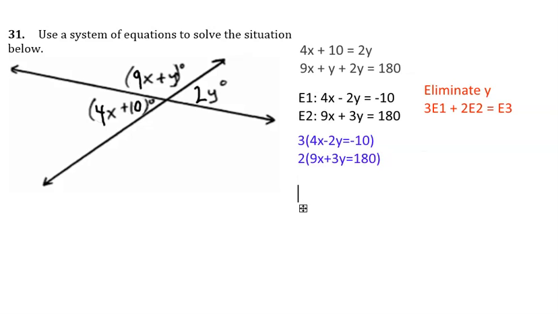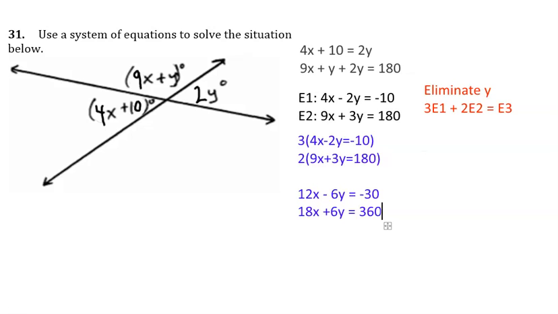So from there, we're going to distribute, multiply every single term by the number on the outside, even the constant on the right side. So we have 12x minus 6y equals negative 30, and we have 18x plus 6y equals 360.